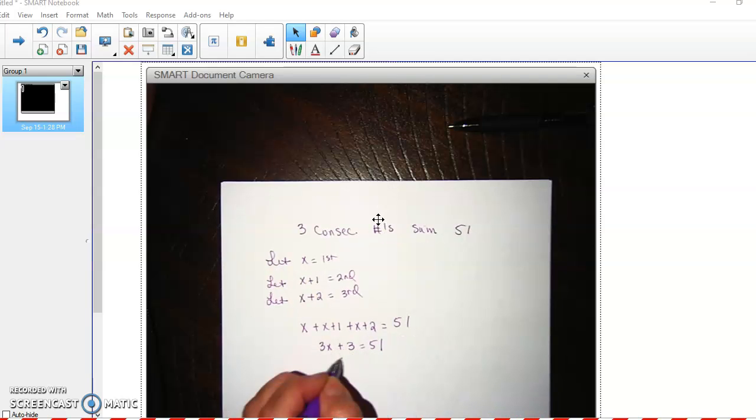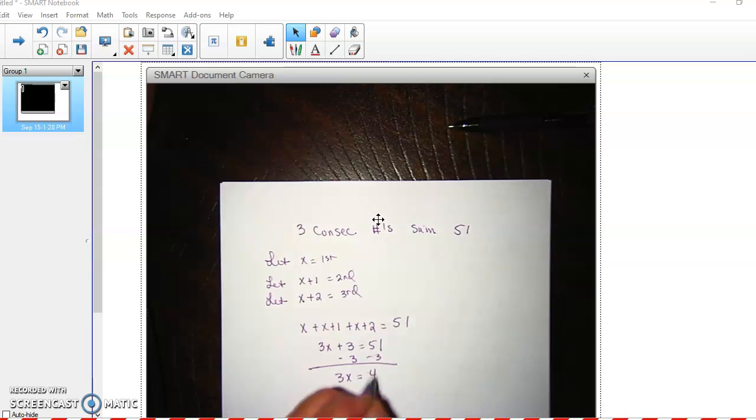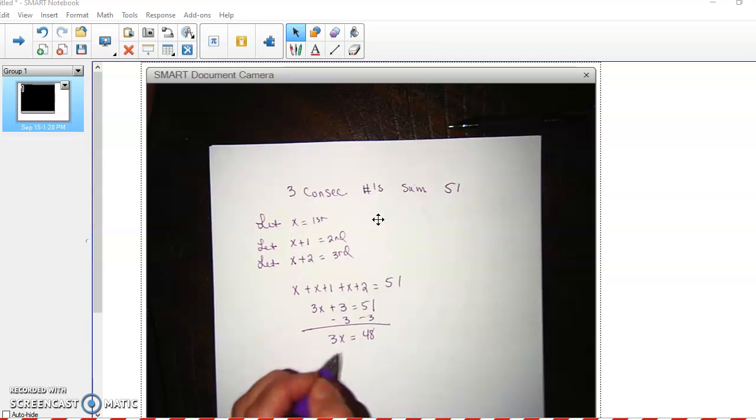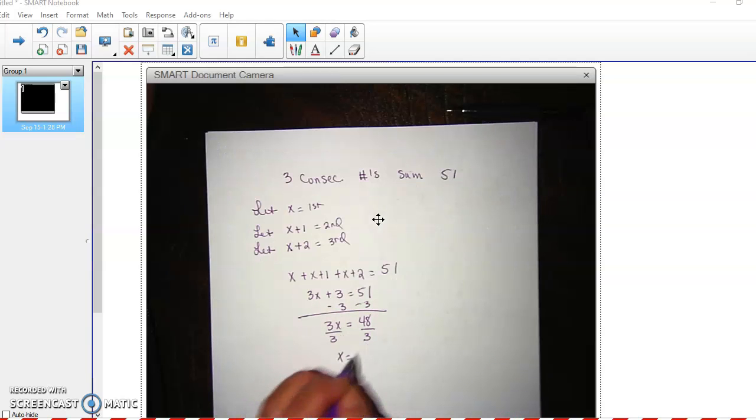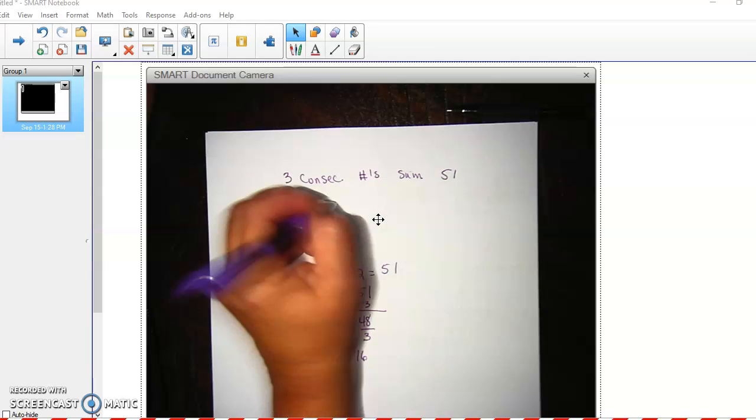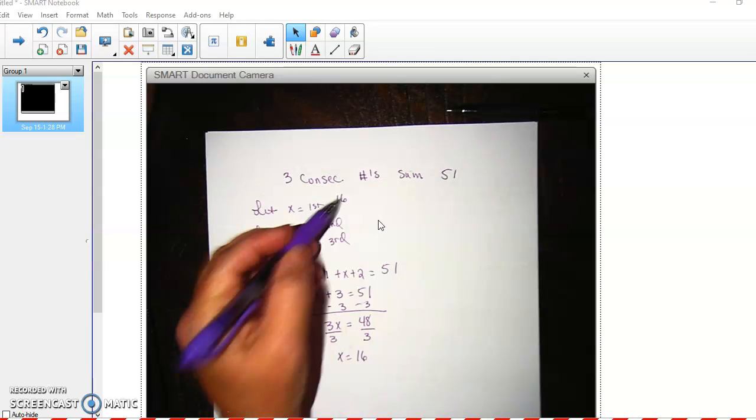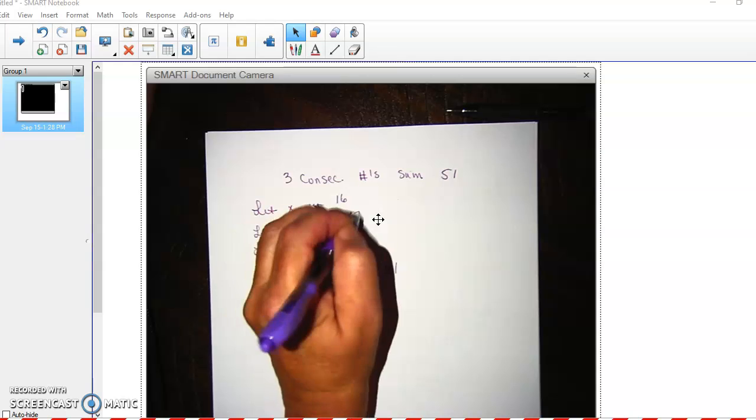So I'm going to subtract 3 from both sides. 3x would equal 48, and then I'm going to divide both sides by 3, and x would equal 16. So if this is 16, I'm going to add 1, that's going to give me 17.